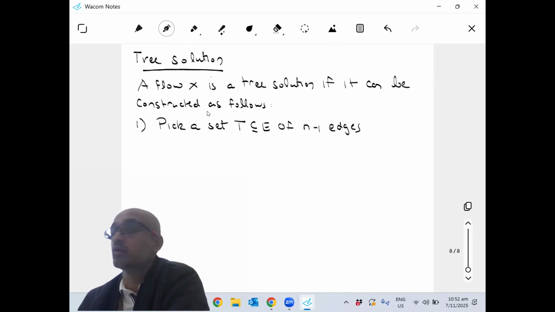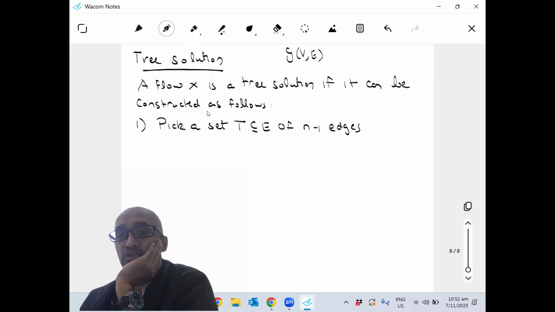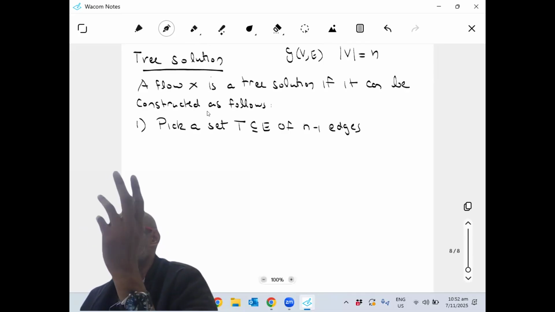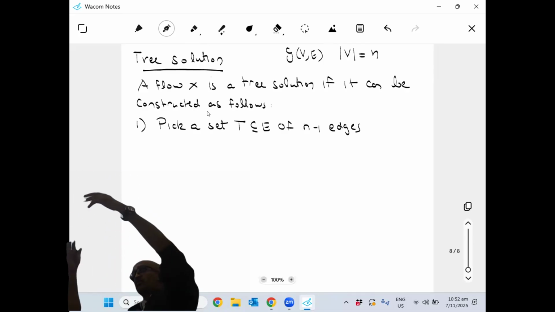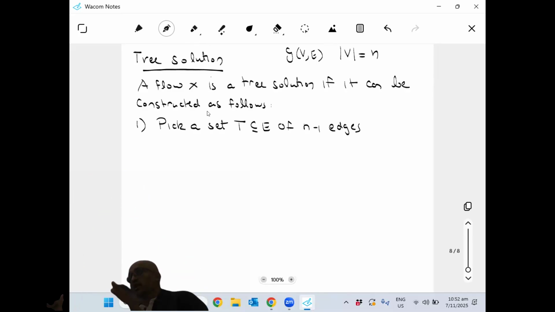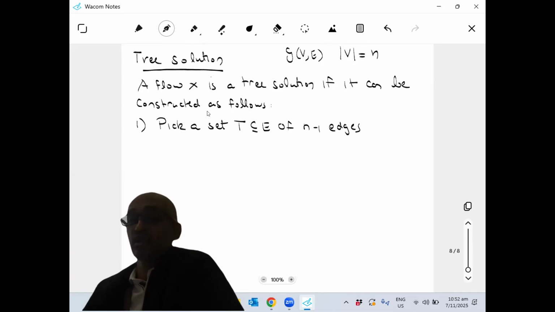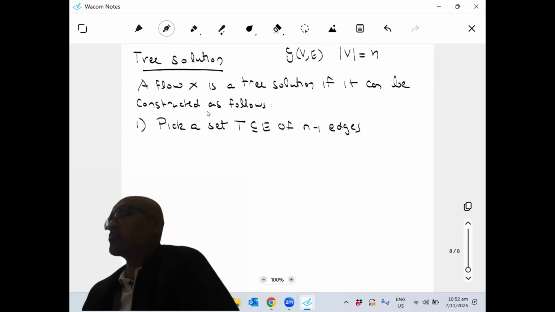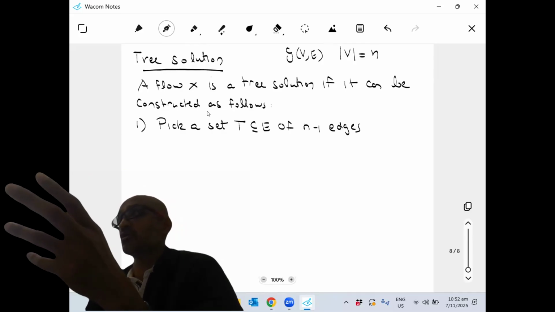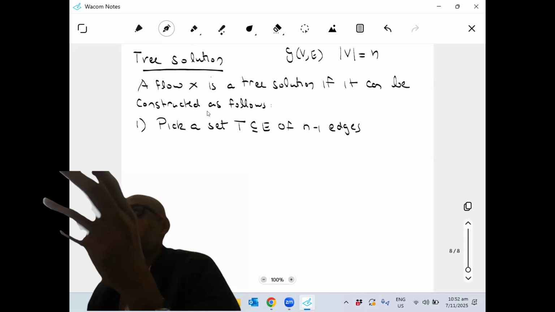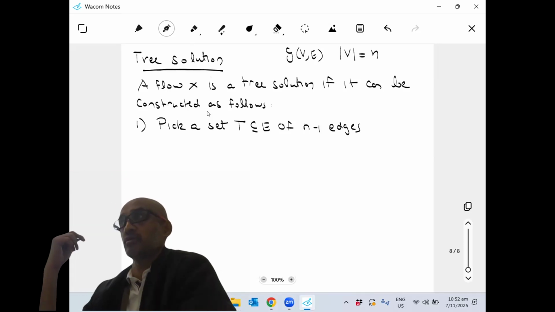Remember, I've got a graph (V, E). The number of nodes in my graph is n. This graph is connected, meaning the underlying undirected graph is connected. If I want a tree, by the way, a tree is an undirected structure. If I require a tree on n nodes, how many edges does it have to have? We discussed this last class.